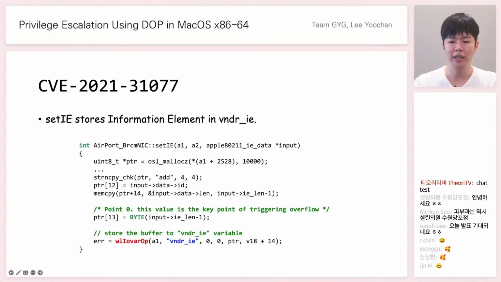In the setIE function, the information element is stored in vendor IE by using a storing function. At this point, the important variable is the length of the information element. That is, the length is also stored in vendor IE. Please remember this point: the length is stored in vendor IE.